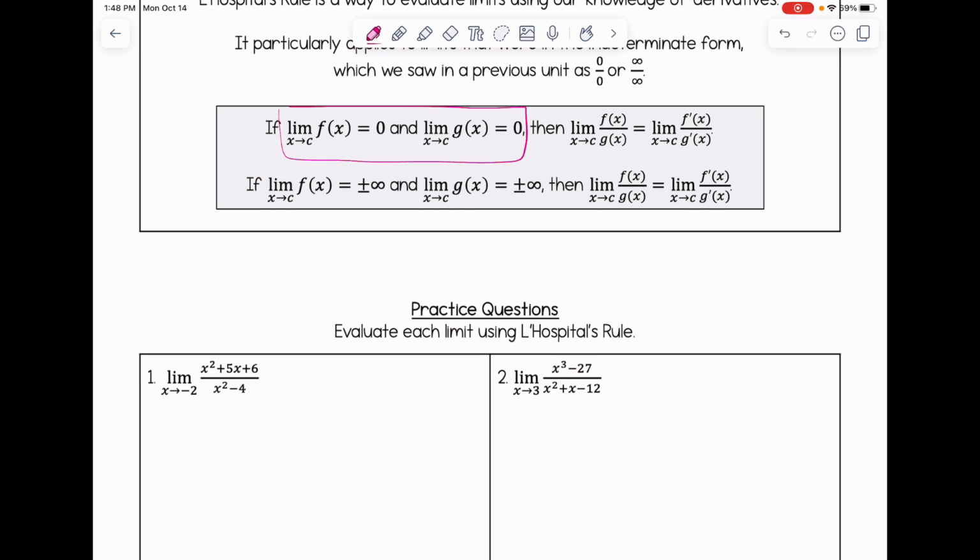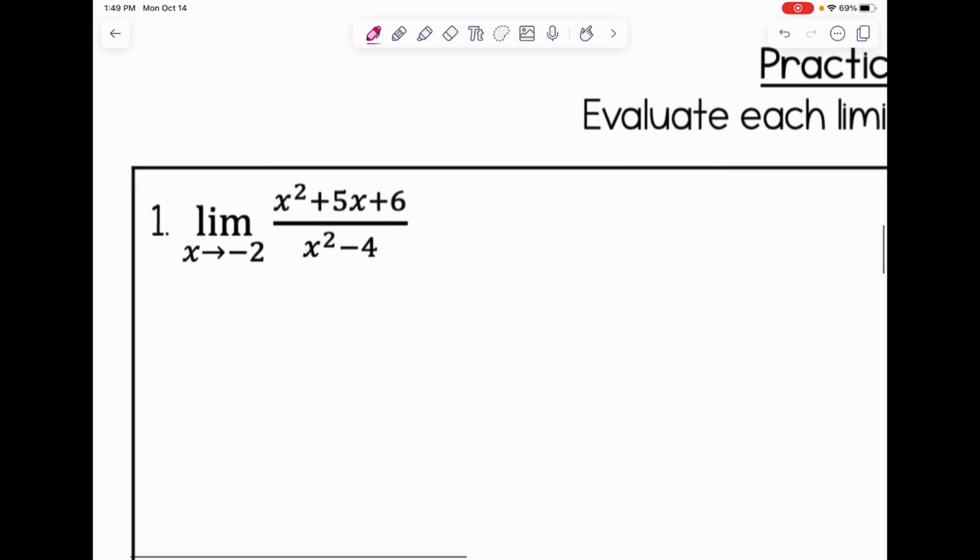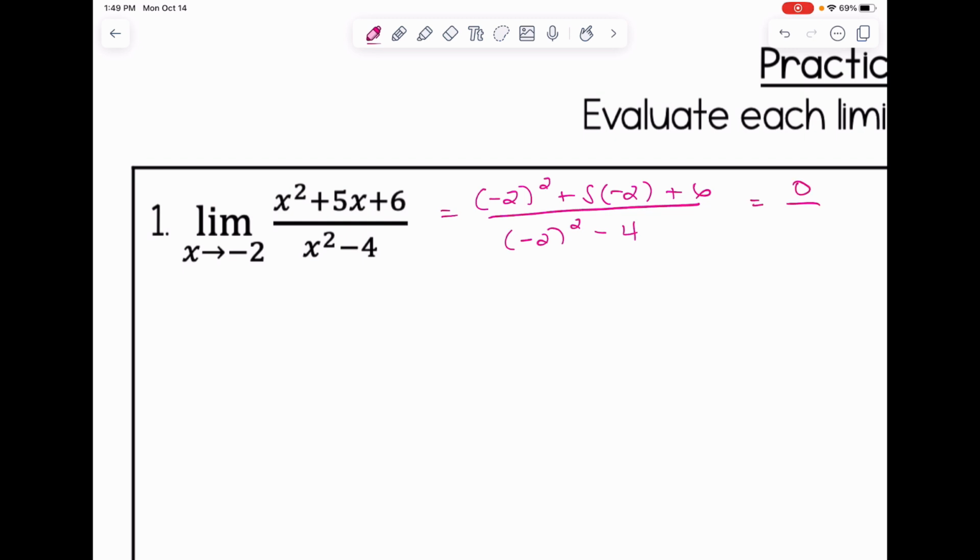All right, if we take a look at number 1, we might realize that we can factor it, but basically if we plugged in -2 here, you will see that we will get 0 in the numerator and 0 in the denominator, which means it's in the indeterminate form.